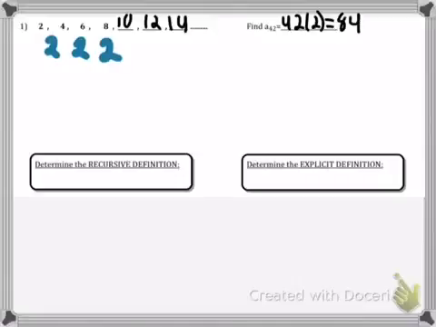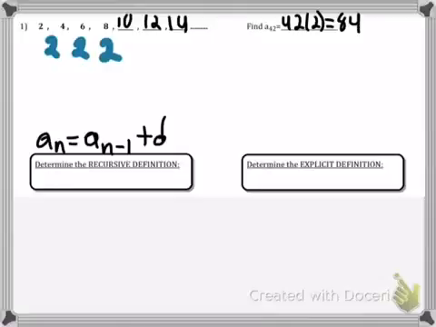Alright, now we're going to determine the recursive definition, or the formula. So we know our formula for this is a sub n equals a sub n minus 1 plus the common difference.